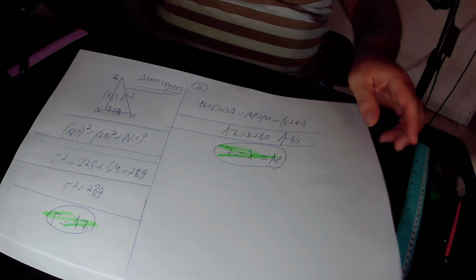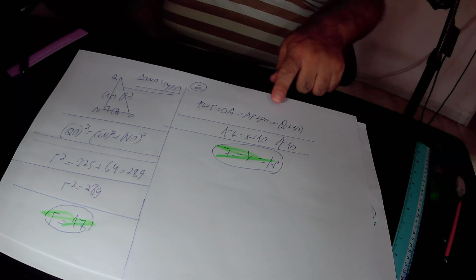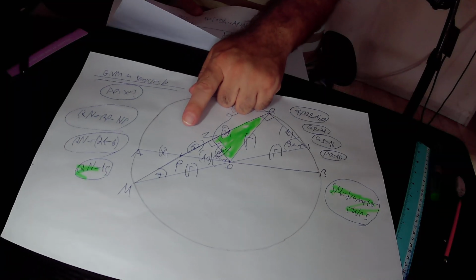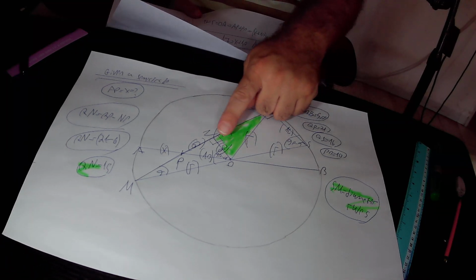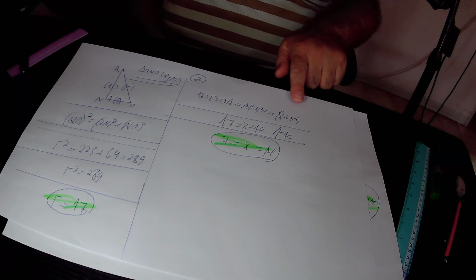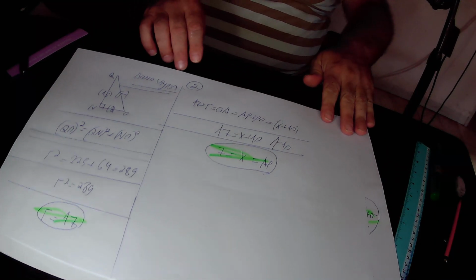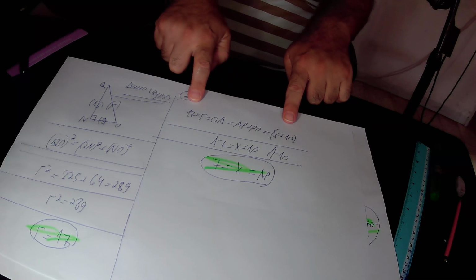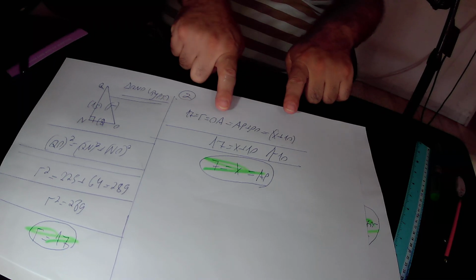So you can write that OA equals AP plus PO. AP equals X, that is the line segment we are looking for, and PO equals 10. From this equation, we derive that 17 equals X plus 10.